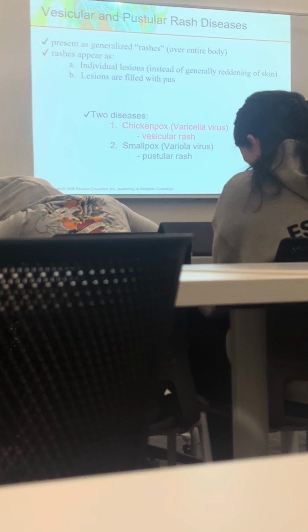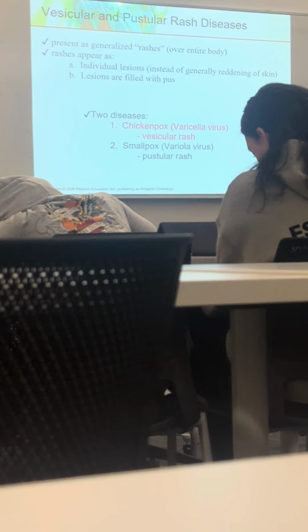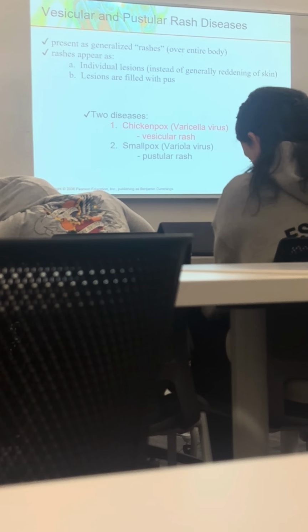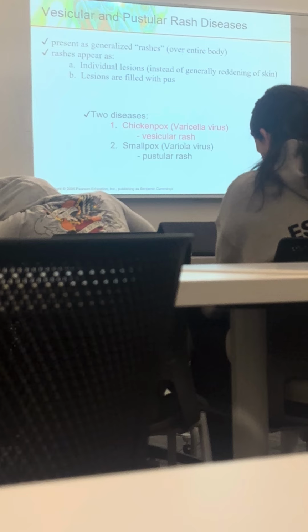When I talk about chickenpox, that is the disease. The etiologic agent is varicella, right? It's varicella virus. Smallpox is the disease. The actual pathogen is variola. Okay, so varicella and variola.